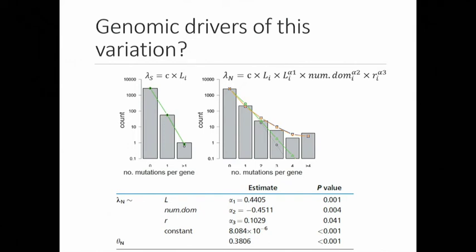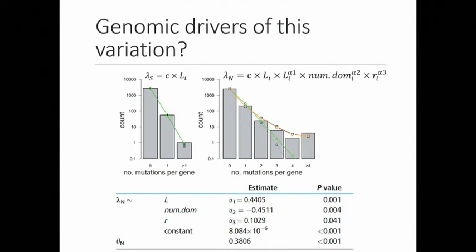In this case, this was the synonymous mutation data set and the non-synonymous mutation data set. For the synonymous data set, those mutations where we assume selection wasn't driving what we observed, length was the only variable that comes out as significant in explaining the variation in synonymous mutations across the genome.